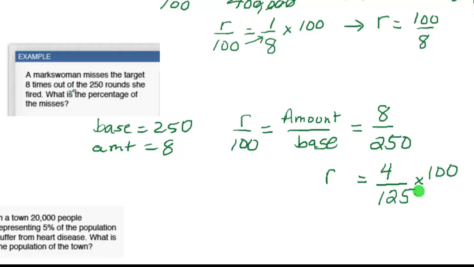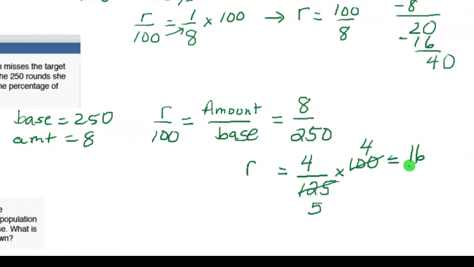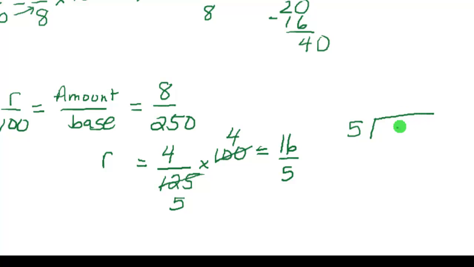So now the 100 and the 125, when you think of money, you can see that 25 goes into both of those. So 25 goes into 100 4 times, and 25 goes into 125 5 times. So we have 16 divided by 5. And so again, you're going to do your division.